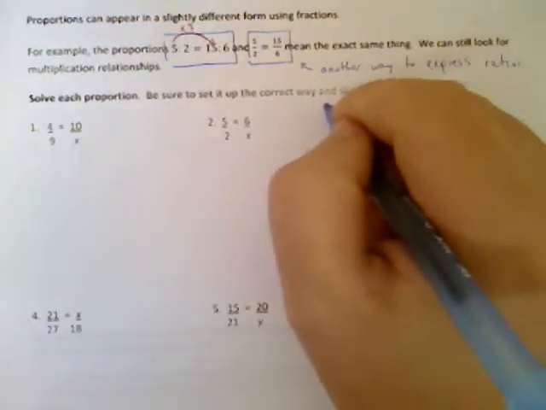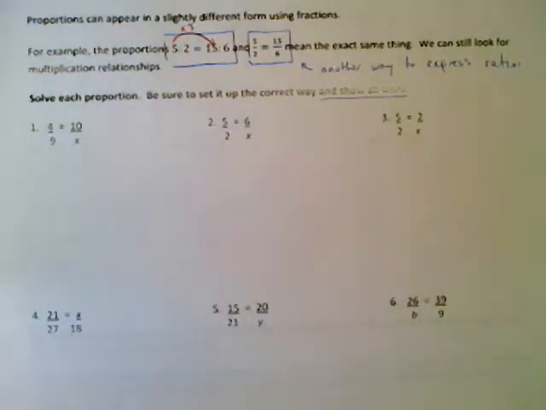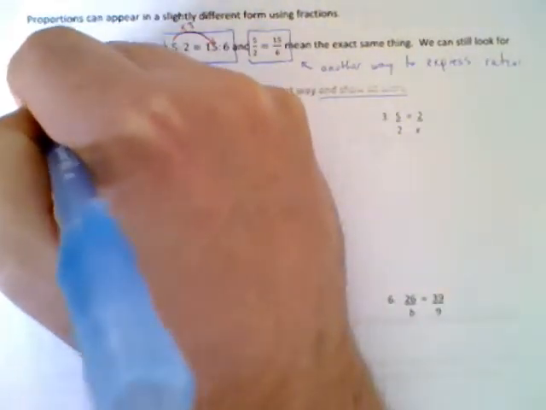My note is a little faded here just because my printer is running out of ink, but that just says show all work. So what we're going to do with these is look for a multiplication relationship. I'm going to pick the pair on the top or bottom to find out what I multiply 4 by to get 10.